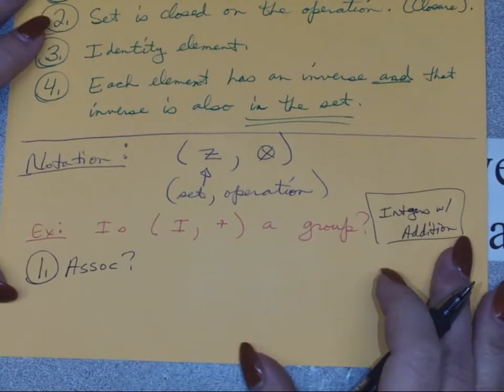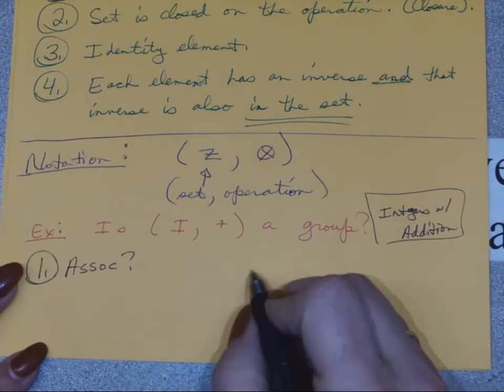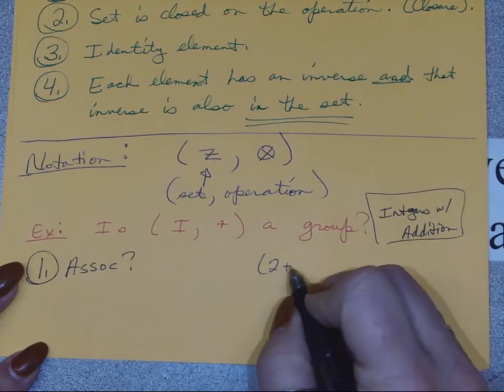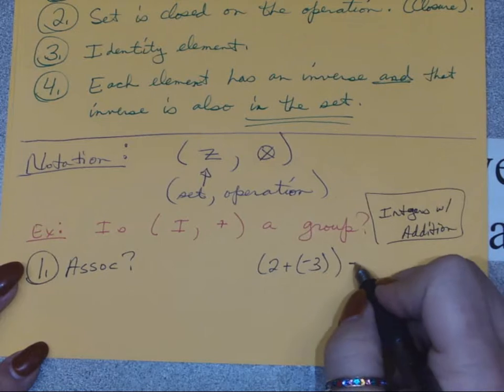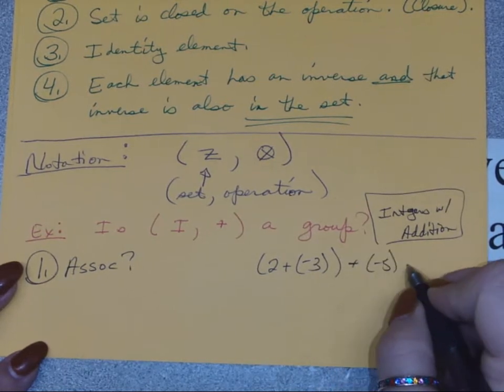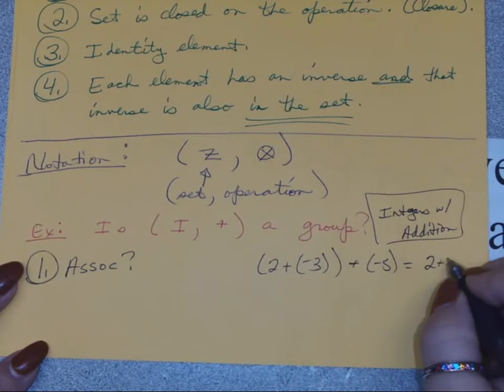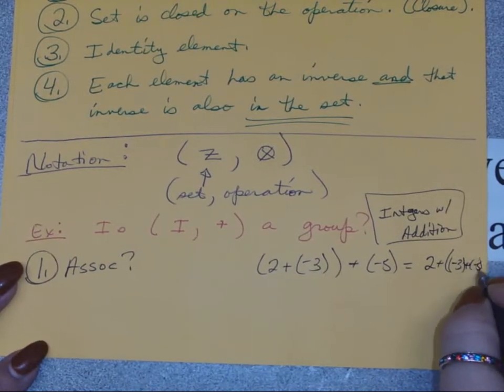What we want to know is, when I add an integer to another integer and I move around the grouping, does the grouping matter? So maybe it's something like 2 plus -3, plus -5. Is that the same as 2 plus the quantity -3 plus -5?